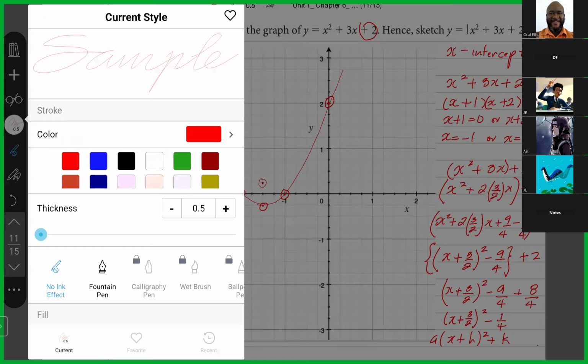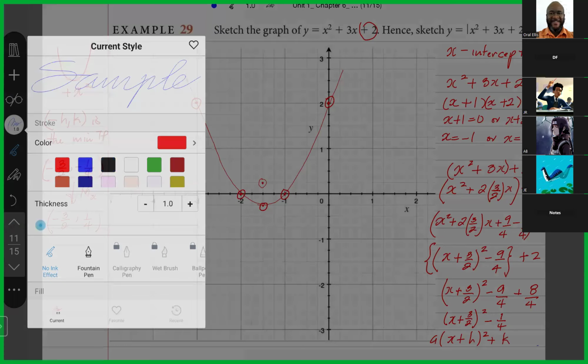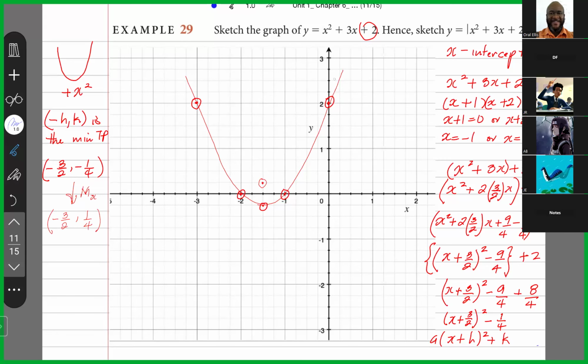Now let's draw the mod in blue. So the part of the graph that is above the x-axis remains the same. That part remains the same.